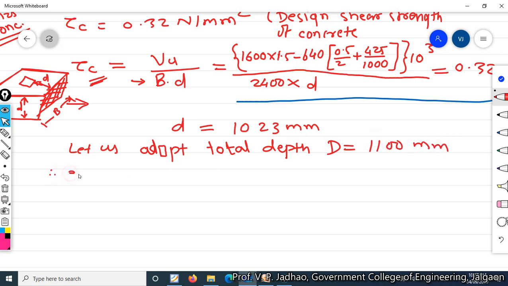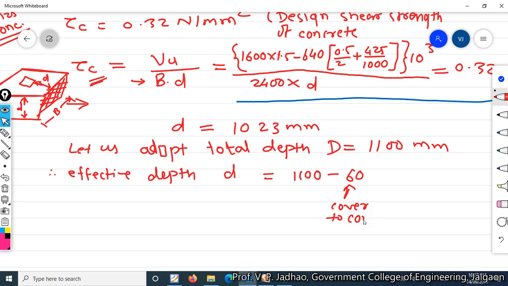Therefore effective depth small d will be equal to 1100 minus 60 mm. This is the cover to concrete. So effective depth will be equal to 1040 mm. So this is how we will get the revised effective depth.